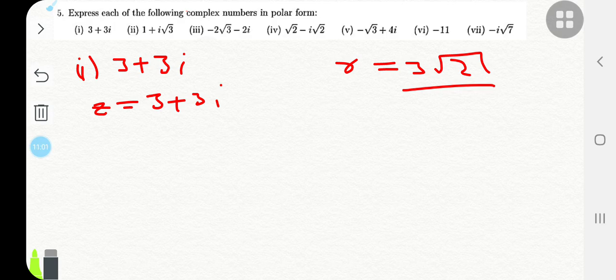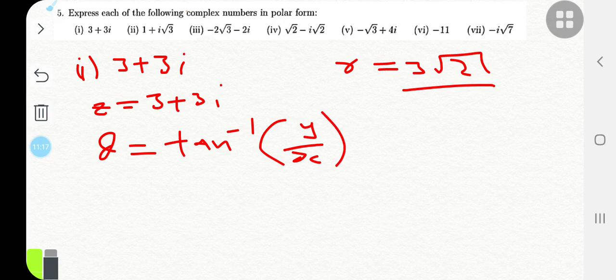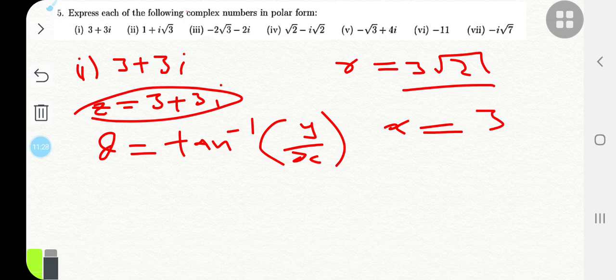So now let us find our argument. We know that our argument is just equal to the tan inverse of y divided by x. From this complex number, we know that our x is equal to 3, because this can also be written in the form z is equal to x plus iy.